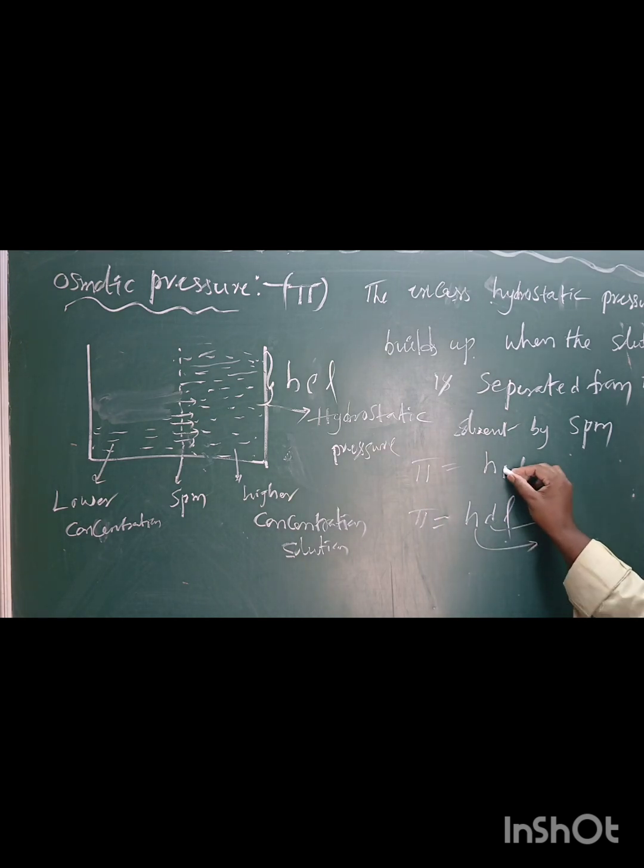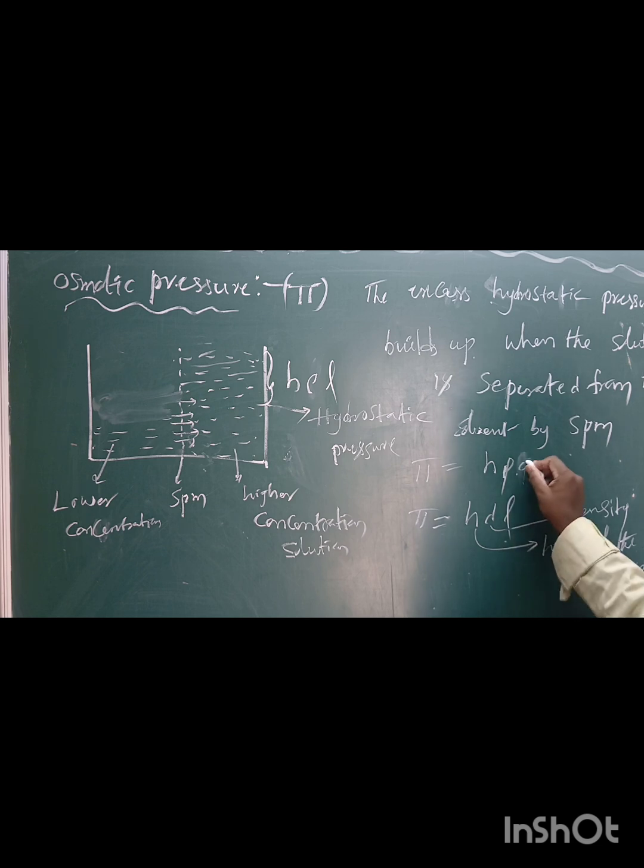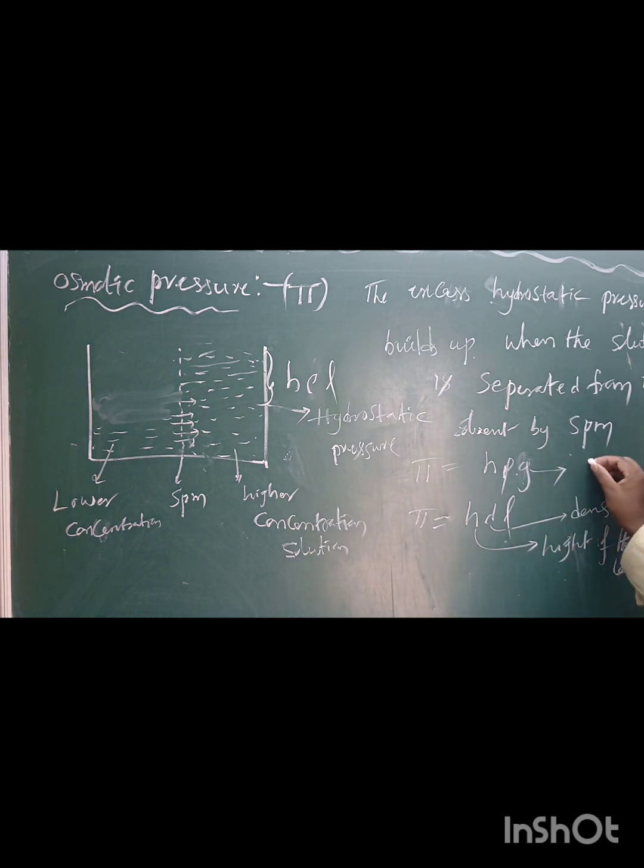Rho or D is the density of the solution. This is the height of the column, the height of the level. Not L here, this is G. G means acceleration due to gravity.